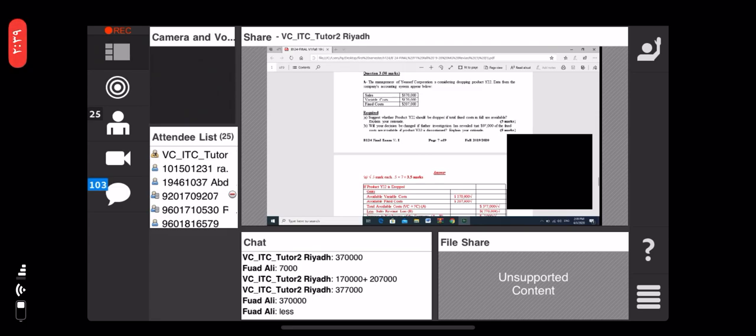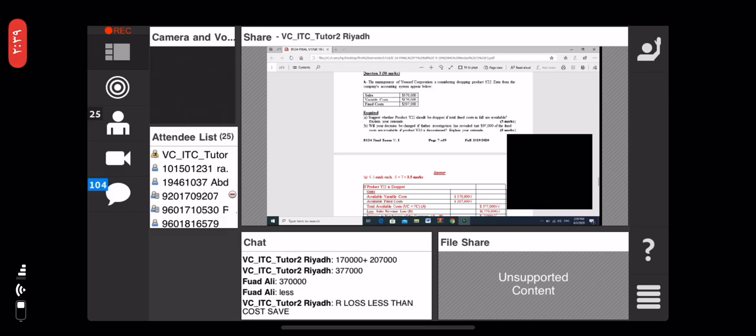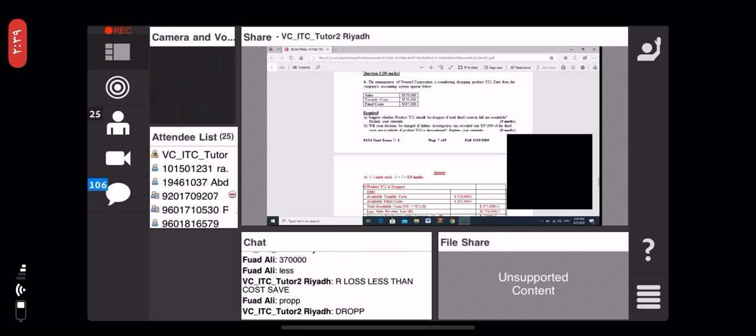Less than the cost save. So when the revenue loss is less than the cost save, your decision will be to drop. So you will go to drop.